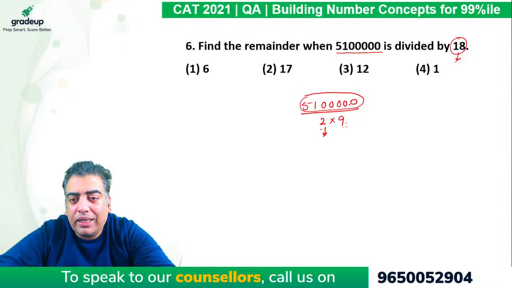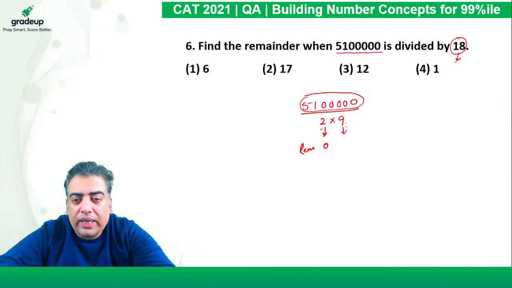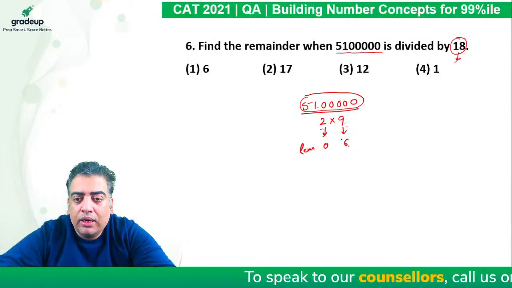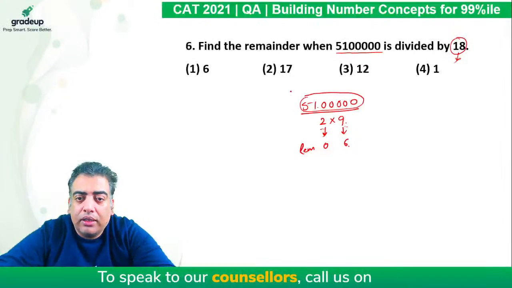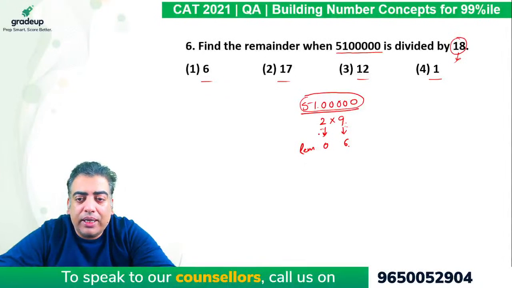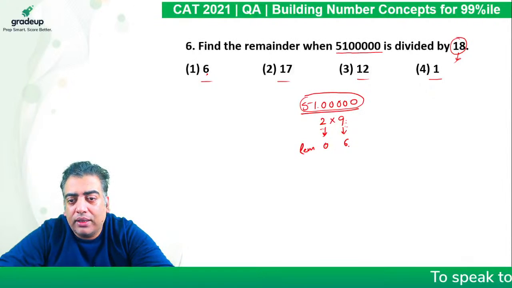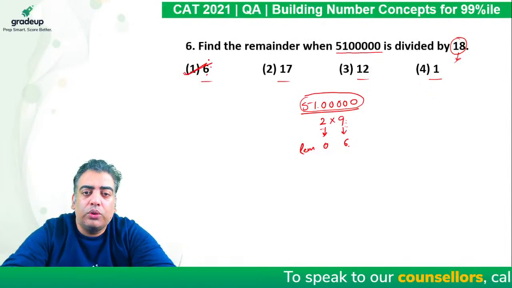This number being even, when divided by 2, the remainder is 0. Again, I will divide this number by 9 to find my remainder. In case of 9, we just need to add the digits, 5 plus 1 is 6. The remainder will be 6. Now, out of the answer options, I will check which one is giving me a remainder of 0 by 2 and 6 by 9. So when we check 6, when divided by 2, the remainder is 0, and when divided by 9 it is 6. So the answer comes out to be option 1.